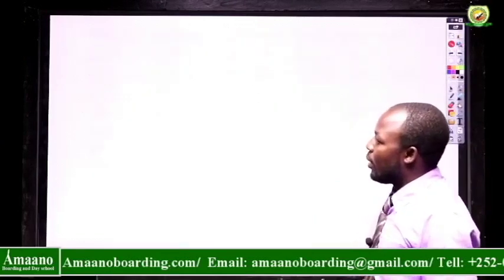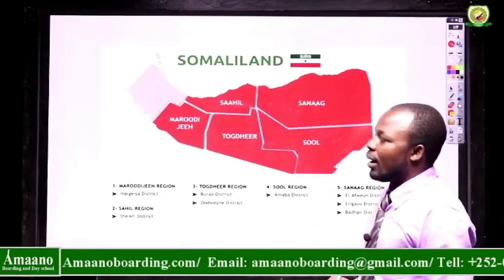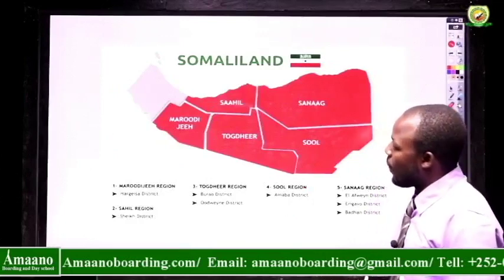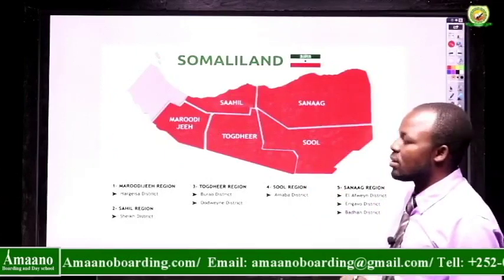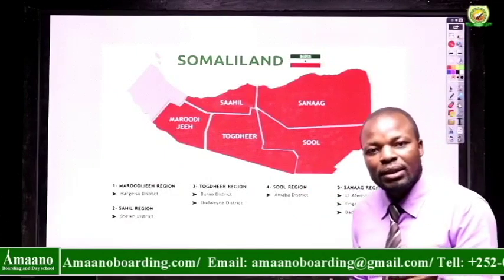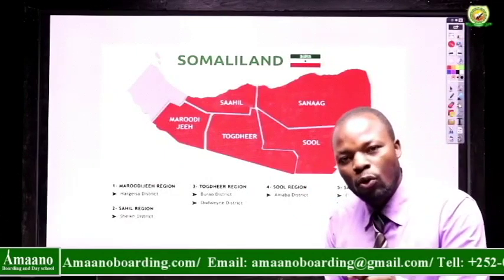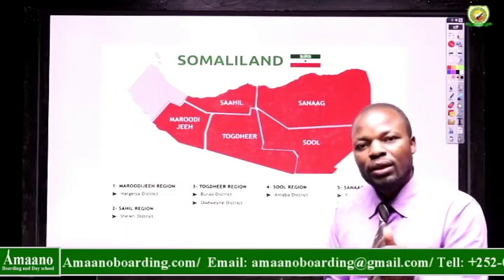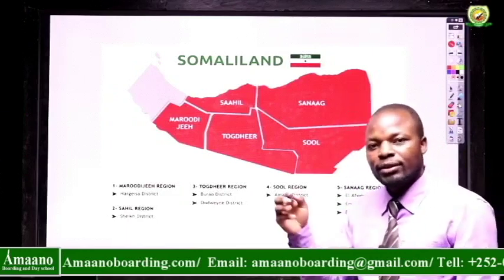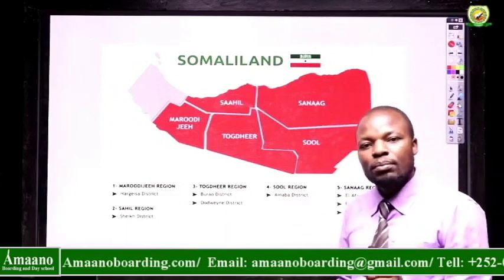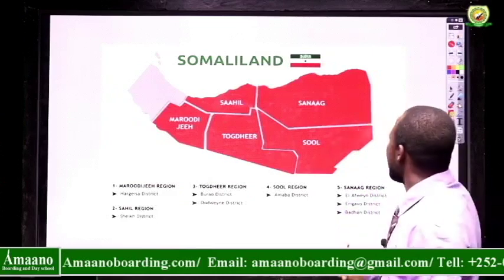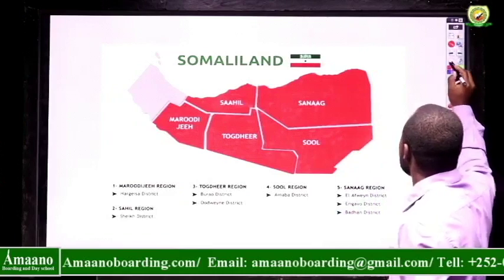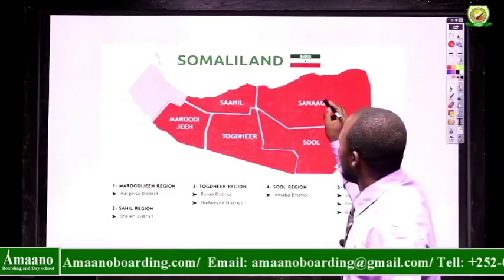Then, here, as you can see, on our map of Somaliland, you can see these regions. Initially, as we had said, the major confrontation, the major war, during the years 1900 to 1921 took place in two regions. These two regions, as you can see, are here. The first region was Sanag.